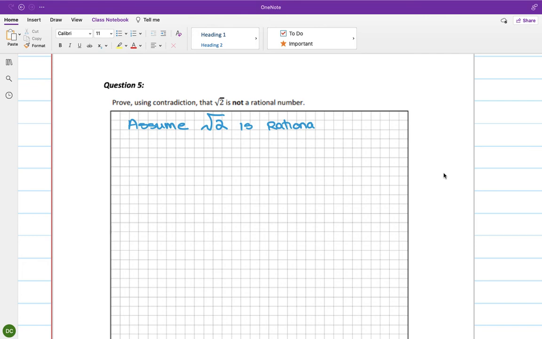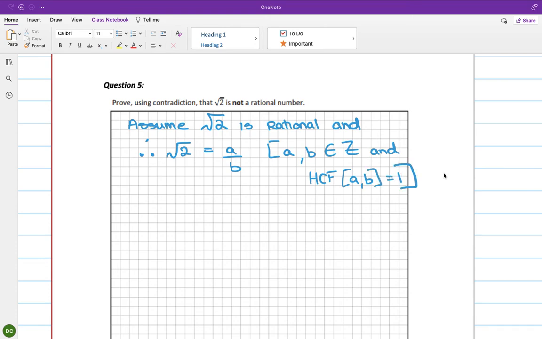So we assume the contradiction. We assume the square root of 2 is rational, and therefore the square root of 2 can be written as a over b, where a and b are integers, and the highest common factor of a and b is 1. Okay.